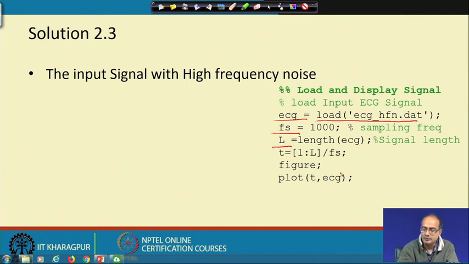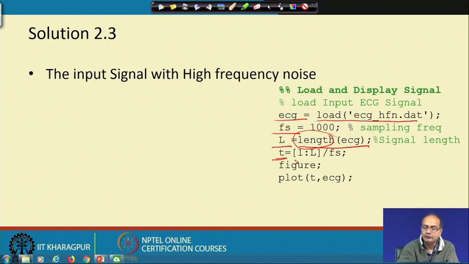L gives the number of samples in the vector ECG, using the command length, and then we create a time index. Instead of samples, we would like to plot against time to appreciate it better.